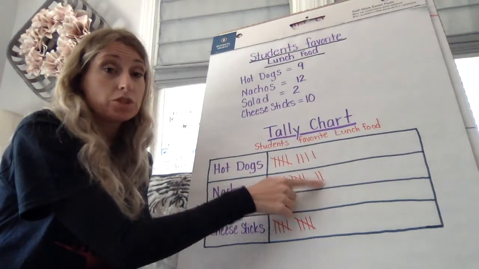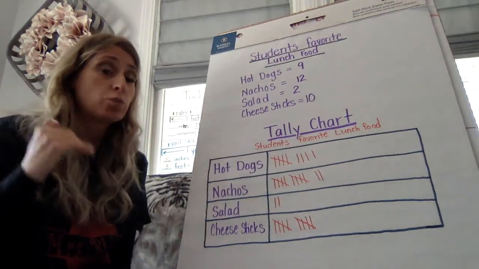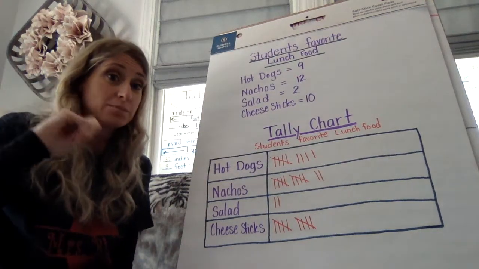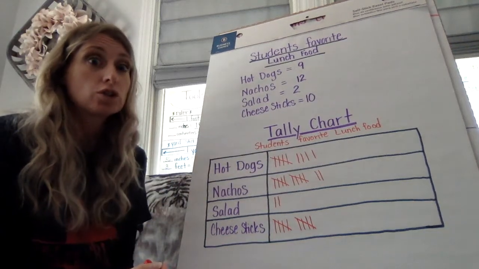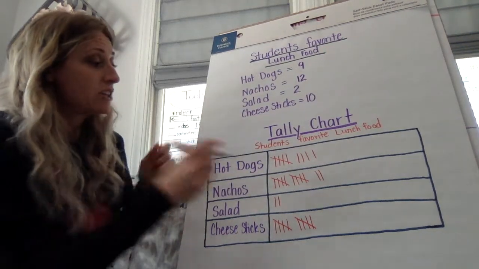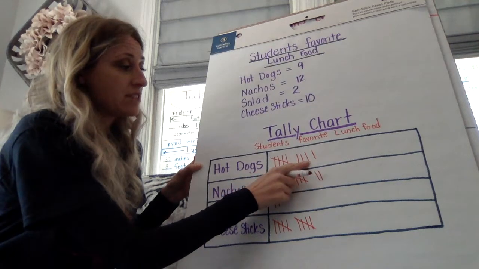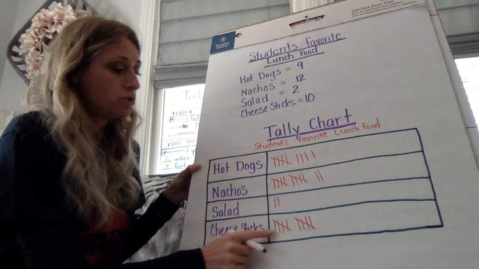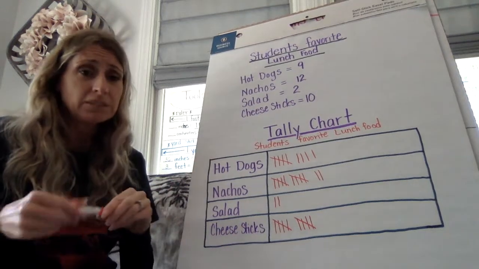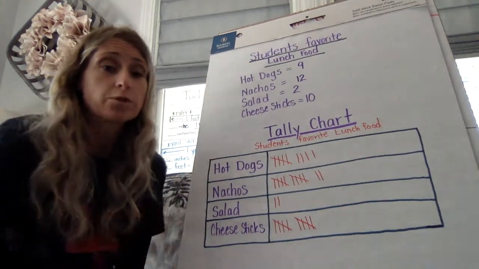So it's important that you go through each one and count them, just in case you didn't draw them closer together. I know by looking at this, I have 5, 6, 7, 8, 9, 5, 10, 11, 12, 2, 5, 10.